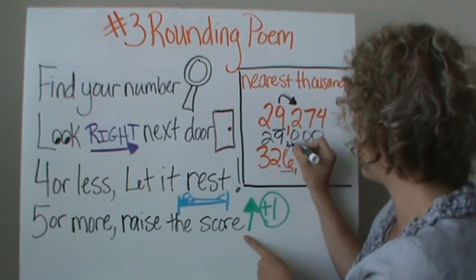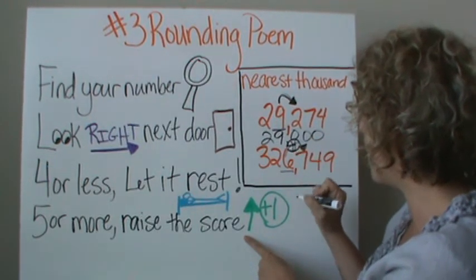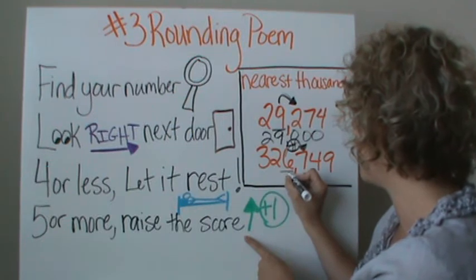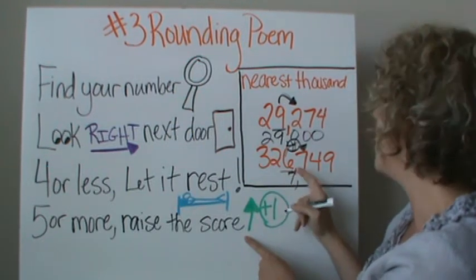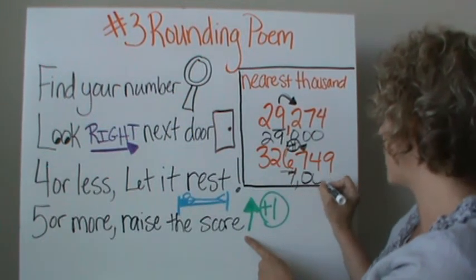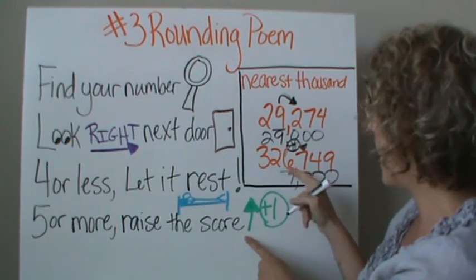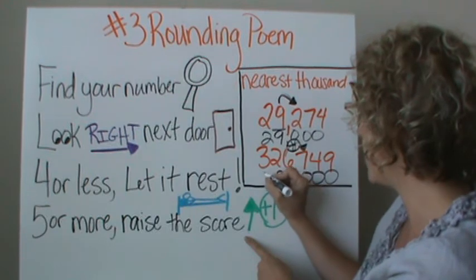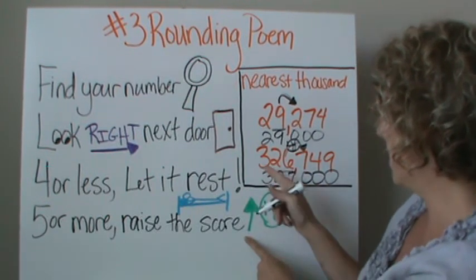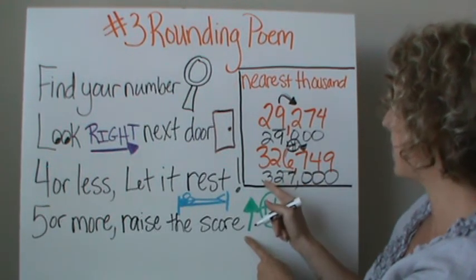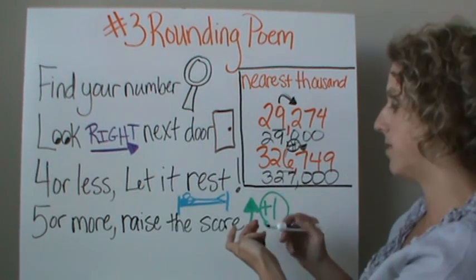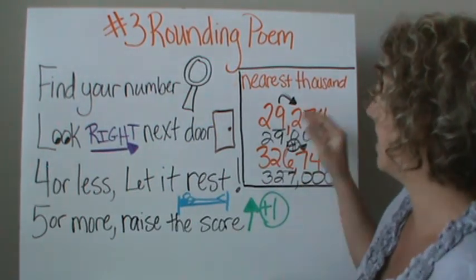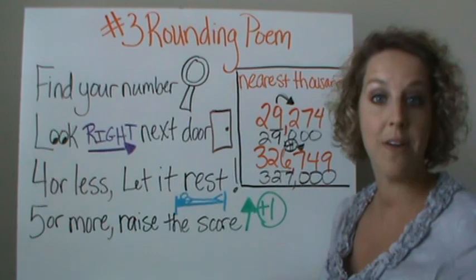We need to add 1 more. So the 6 plus 1 becomes a 7. The rest become rounded. And don't forget the digits that are to the left. Keep the 2, keep the 3. So this number rounds to 327,000. All right, and that is your rounding poem.